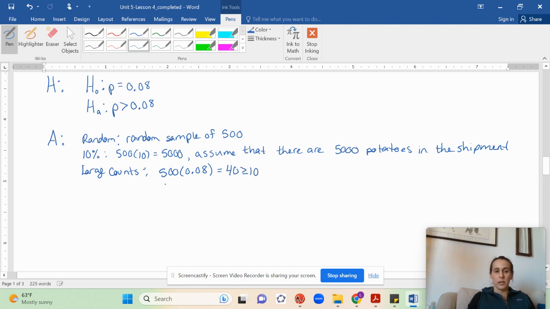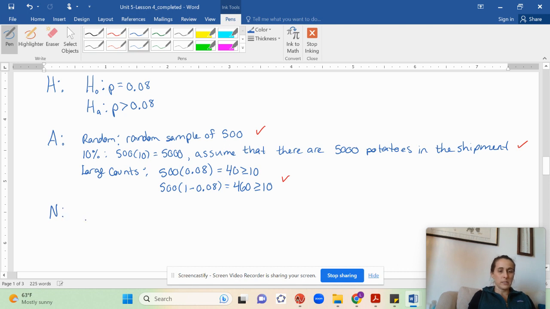That's good. And then we'll take 500 times 1 minus 0.08, which is 460. Remember, the large counts condition says that those both have to be at least 10. And I have met all three conditions. The one I had to assume, but I think it's a reasonable assumption that there are 5,000 potatoes in a large shipment.